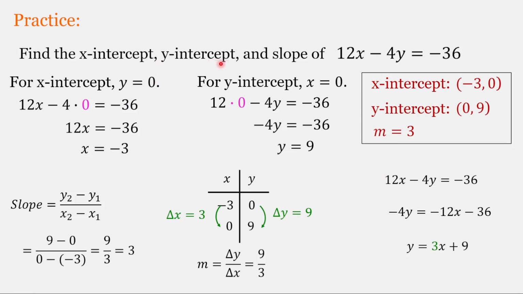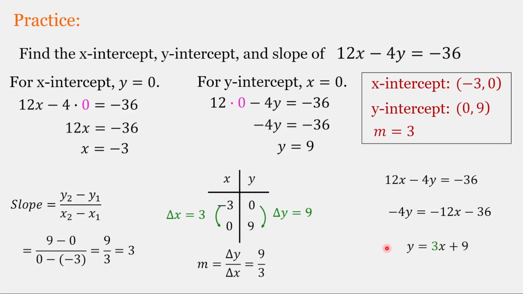We'll do the same process with this second equation, 12x minus 4y equal to negative 36. Again, to find the x-intercept, set y equal to 0. For the y-intercept, we're going to set x equal to 0, or if you plan on finding the slope by converting that equation into slope-intercept form, you can also find the y-intercept from that equation.